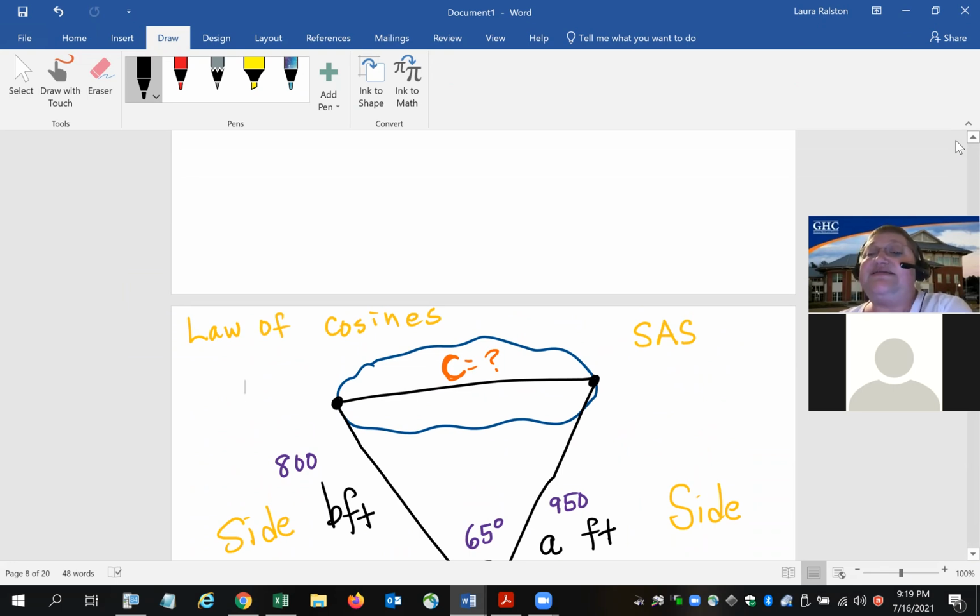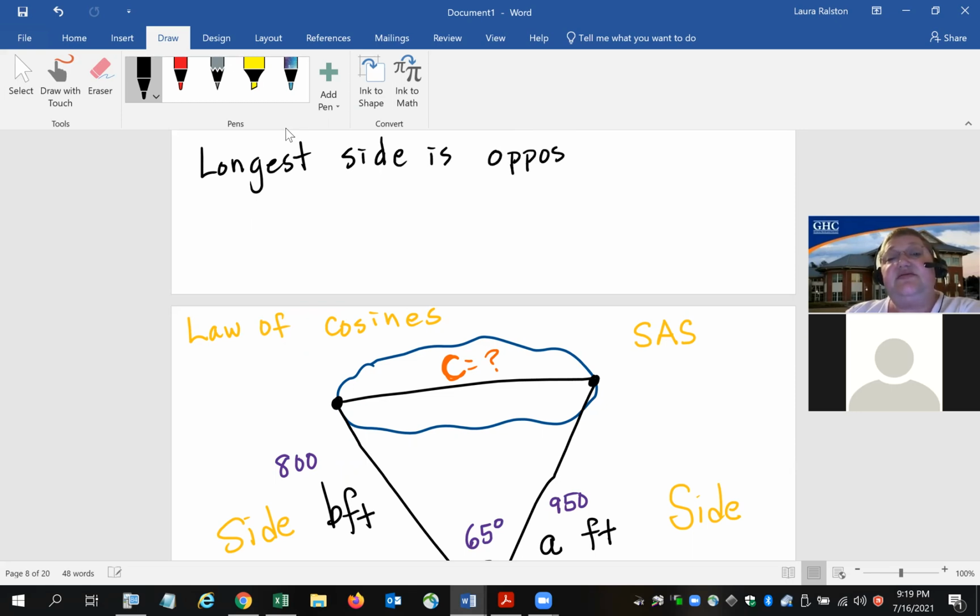The longest side is opposite the largest angle.